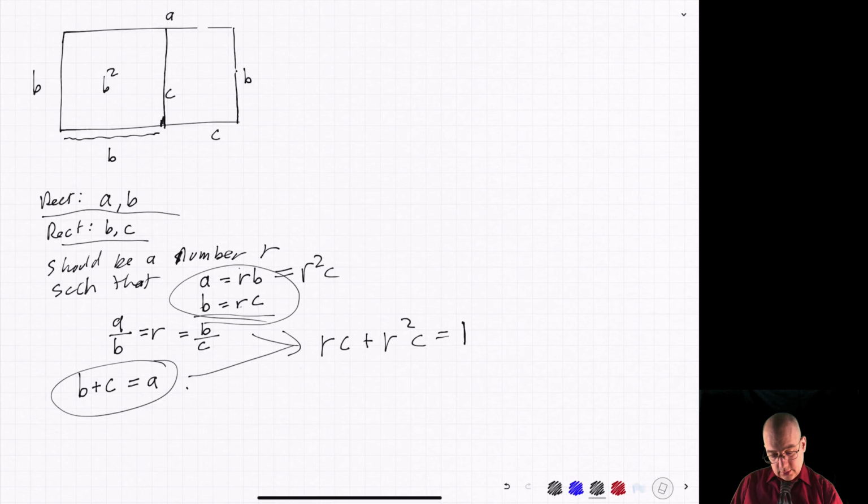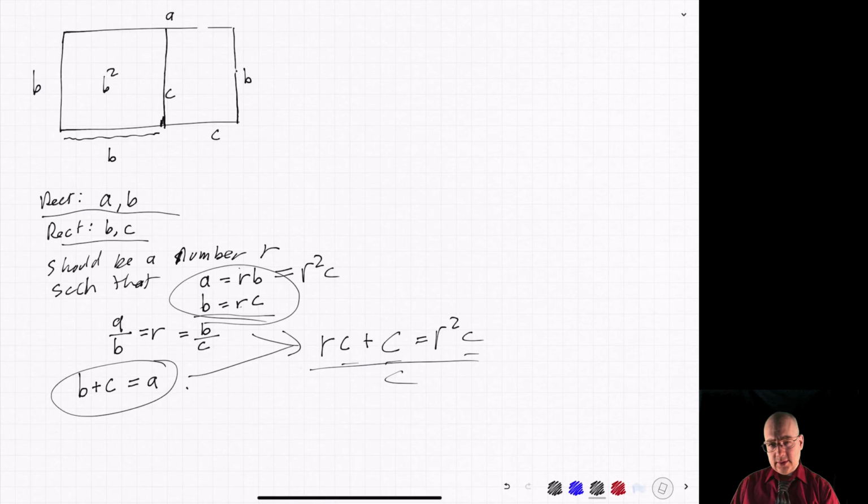Oh, oops. Yeah, that was not right. RC plus C equals, now we replace A with R squared C. That's the one. All right, now C is some number, but it's common to each of these terms. So we're just going to divide by C.